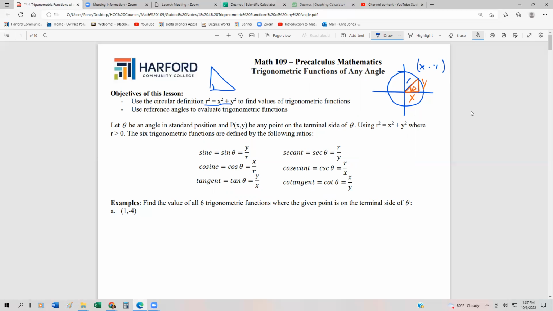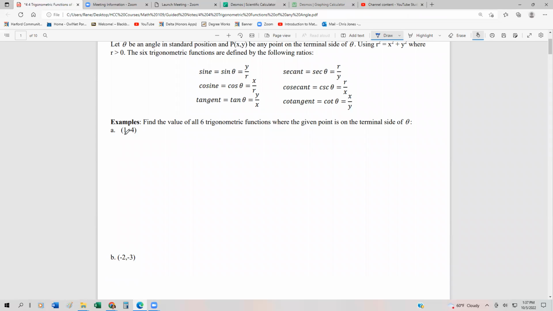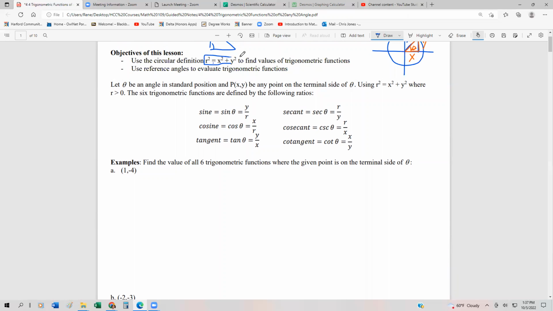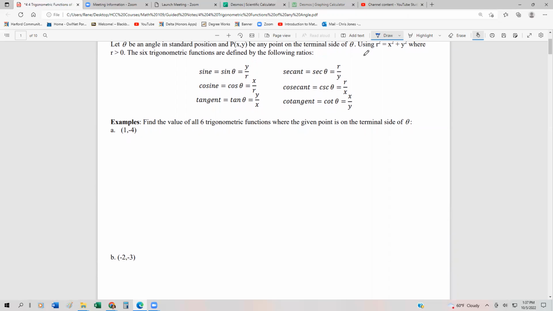So let's say we have the point 1 comma negative 4, and I want to find all six of the trig functions. First, we find r using r squared equals x squared plus y squared. So r squared equals 1 squared plus negative 4 squared, or in other words, r squared equals 17.